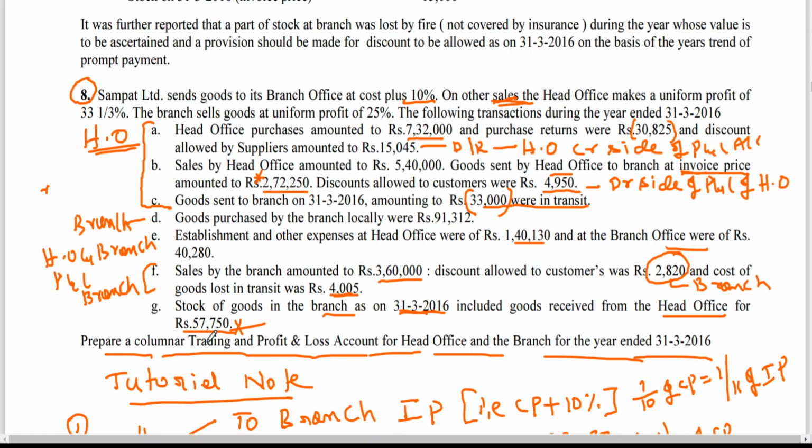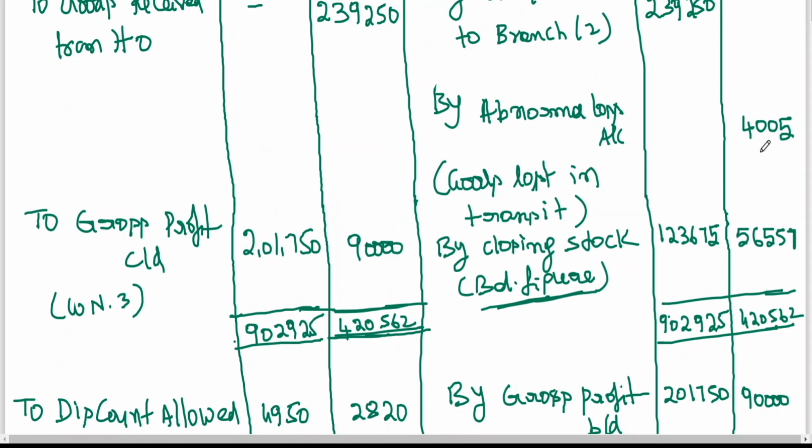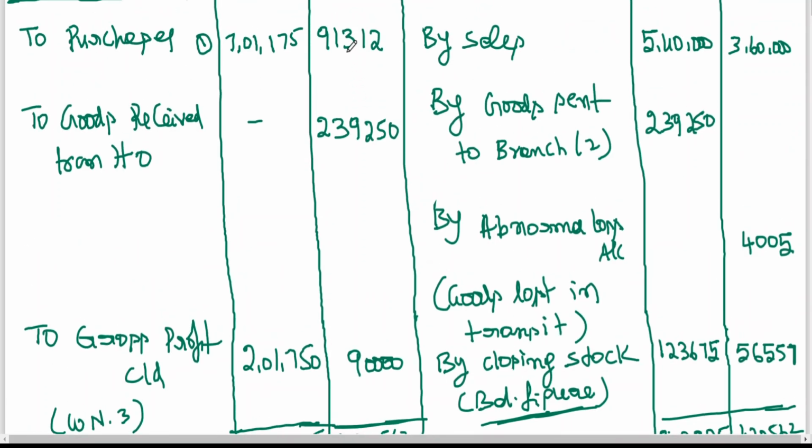Is the framing of the problem wrong or is our closing stock wrong? Two possibilities. But no, it's not that. See, the goods in transit are also considered as unsold stock as on that date, because the goods which are unsold means, in simple words, purchases plus received. We assume that the entire purchase has been sold.